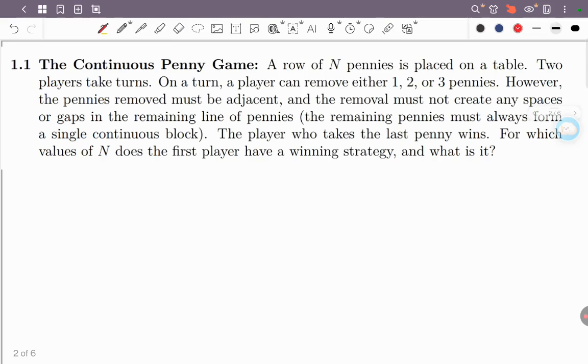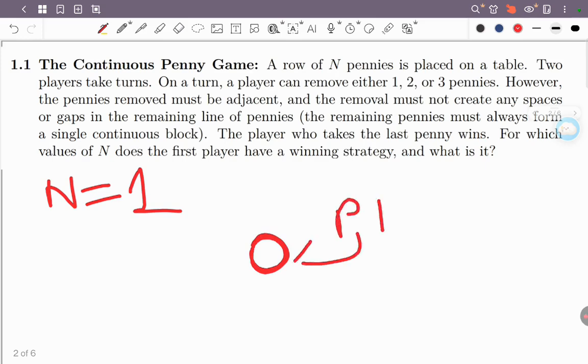First, consider n is equal to 1. So there is only one penny, and player 1 will take that penny, and player 1 will win. Okay, so player 1 wins.